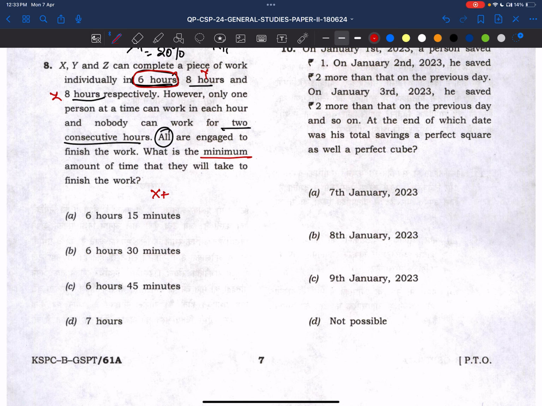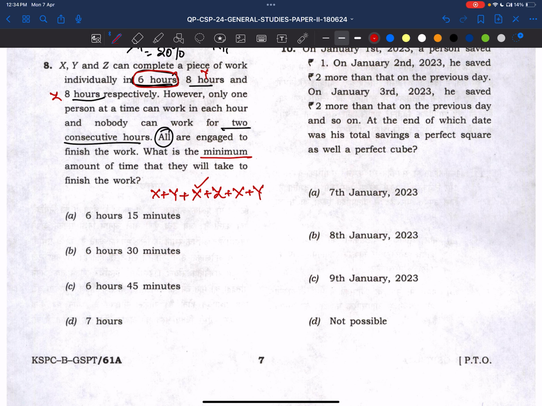So X plus Y. Next, again I'll take X. Because he's telling nobody can work for 2 consecutive hours, right? So I can't place X and X at a time. So I've taken Y in the middle. Now again I'm placing X. Now I'll take Z. Okay. Again I'll take X to complete the work very fast. Now I'll take Y because Y and Z values are same, right?